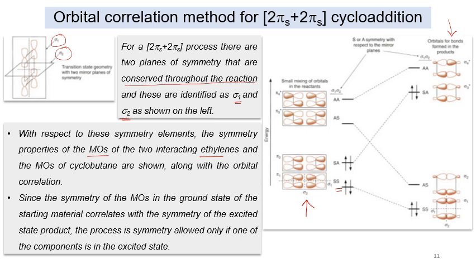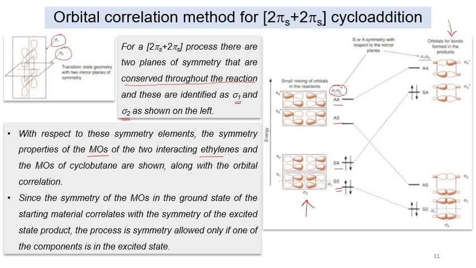One is symmetric with respect to one ethylene, symmetric with respect to the other ethylene. One is symmetric, antisymmetric with respect to each other. One is antisymmetric, symmetric, and the other is antisymmetric, antisymmetric. Okay, this is with respect to the sigma 1 sigma 2 plane.